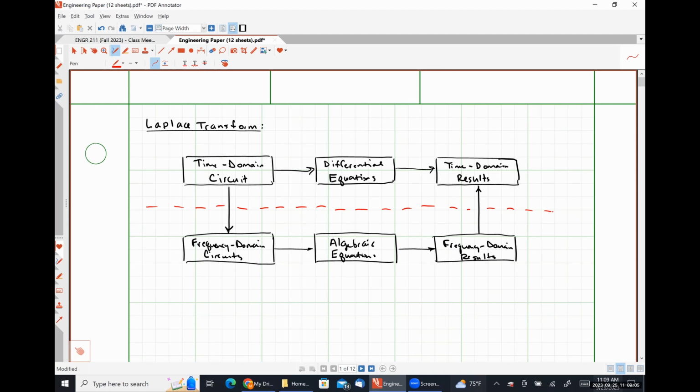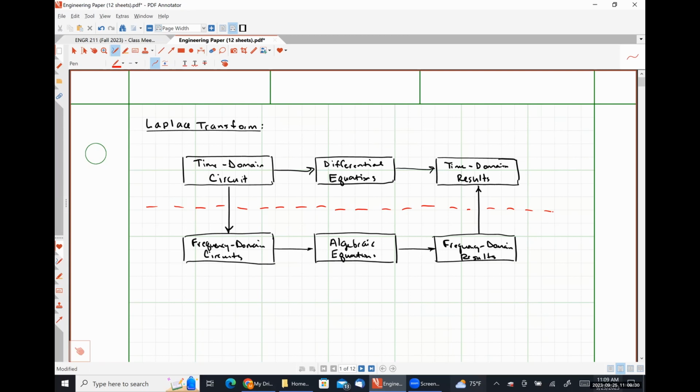Which could be sinusoids, but they're zero until we turn them on instead of having their value forever. Or we might have other types of AC sources, or a better way to put it would be time varying sources. So we're going to do the exact same thing, but instead of working in the frequency domain, we're going to work in the S domain because that's where Laplace transforms live.